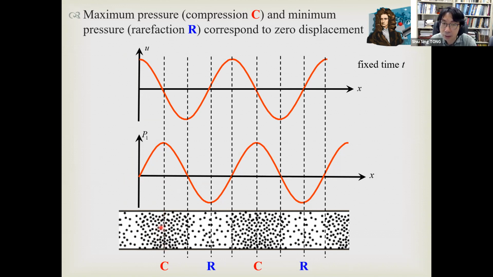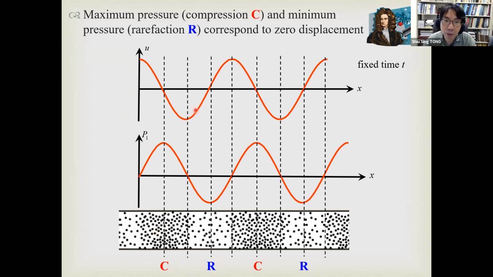But where do the particles come from? They come from either the left or the right, right? You can see at x equal to 0 here, the disturbance is at positive maximum. So the particle here goes to the right, because a positive value means going to the right. So the particle at x equal to 0 goes to the right side by the largest displacement.